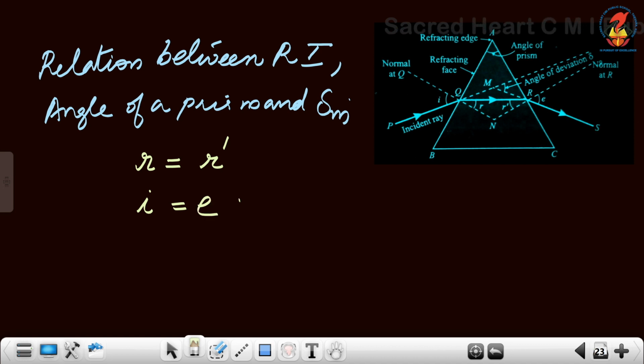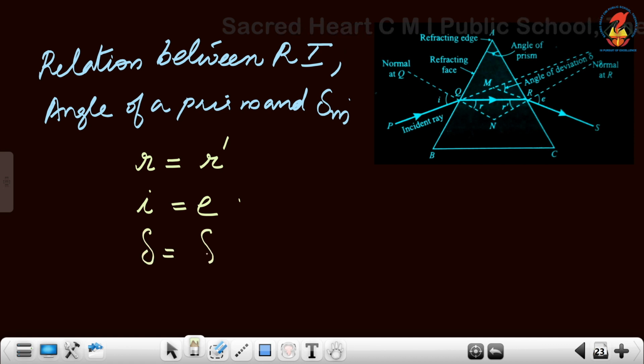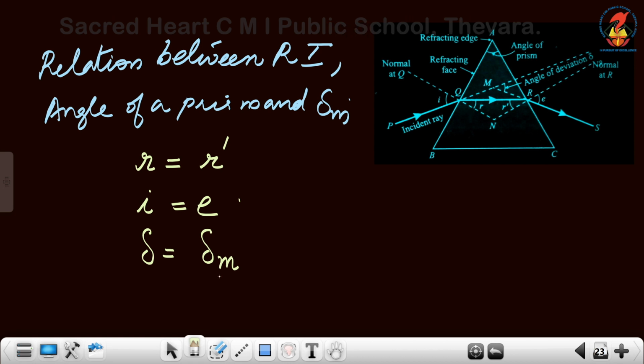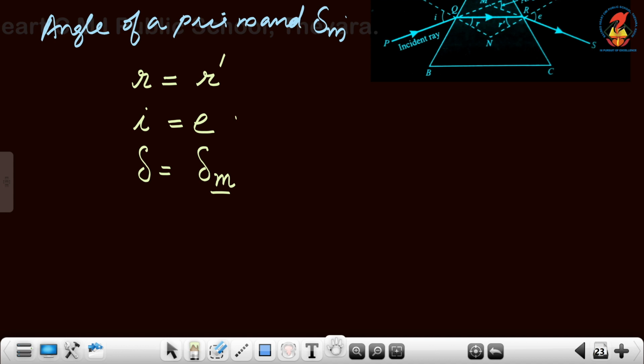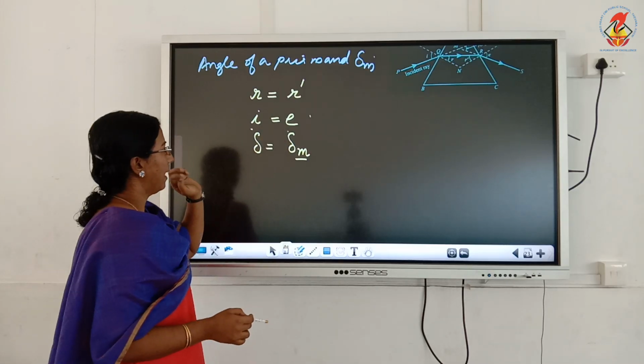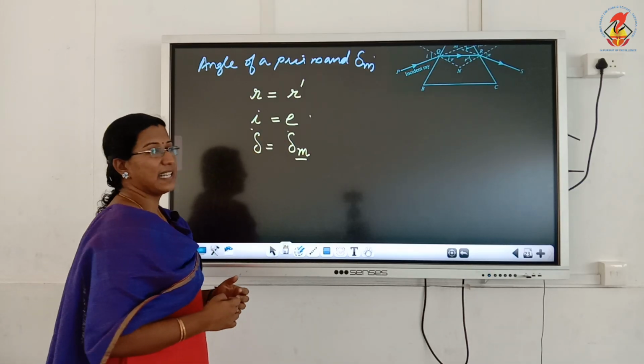If these two conditions are satisfied, then the angle of deviation can be said as angle of minimum deviation, denoted by the letter delta m. So, angle of minimum deviation means it is a minimum angle of deviation at which you can say R is equal to R dash, I is equal to E, and delta can be represented as delta m.